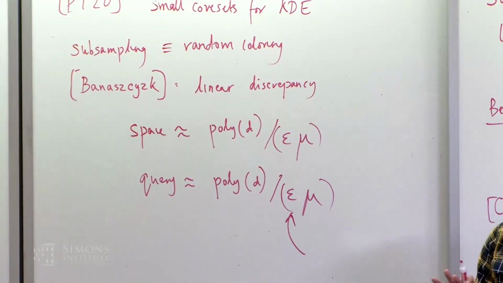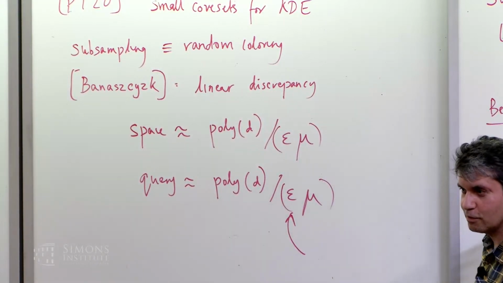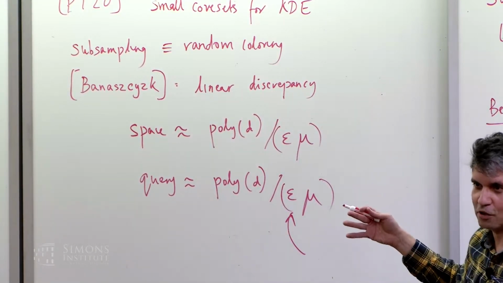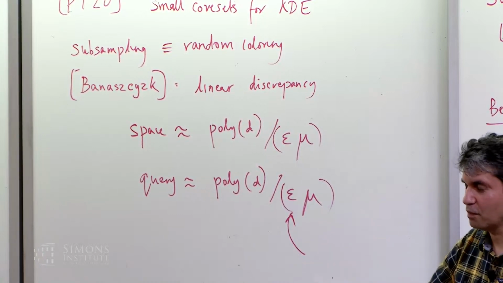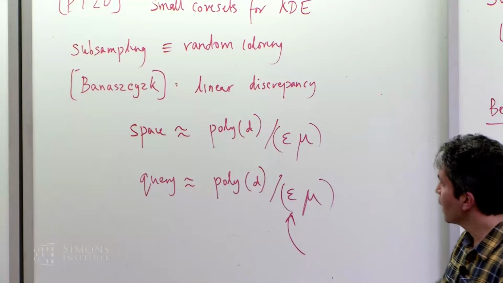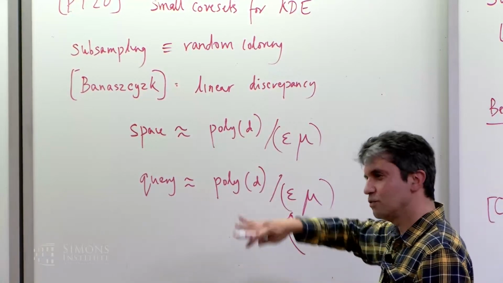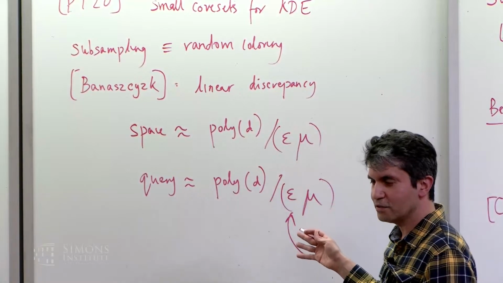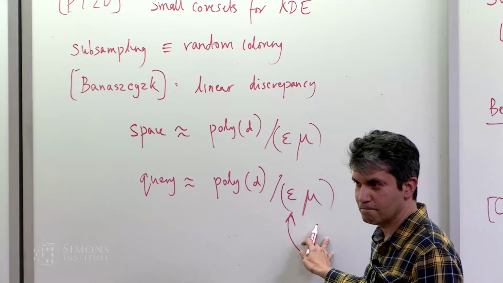Okay. So now there are two classes of methods. Sampling-based methods, which don't fix the epsilon problem. They give you 1 over epsilon squared dependence, but they get you better dependence on mu. And then there are these discrepancy-based approaches, which don't bother about the mu dependence, but get you better dependence on epsilon.